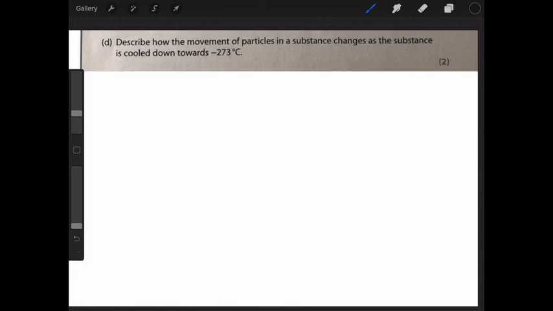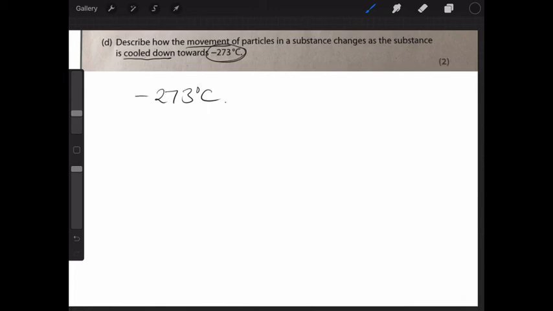Reach the last part of question 3, and we're going to finish with part D. We're being asked to describe how the movement of the particles in a substance changes as the substance is cooled down, so energy is removed, towards a very specific number here, minus 273 degrees Celsius. So we're removing the kinetic energy store of the particles. We're giving the particles less and less kinetic energy.